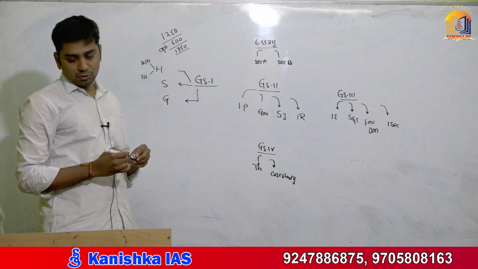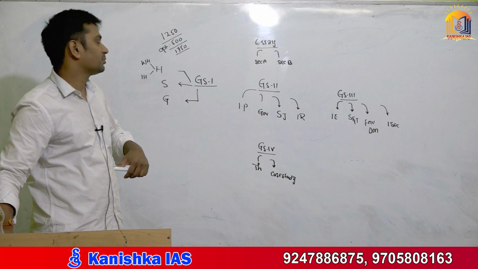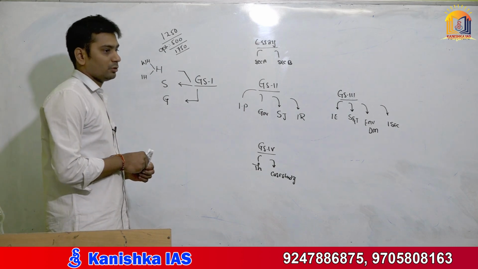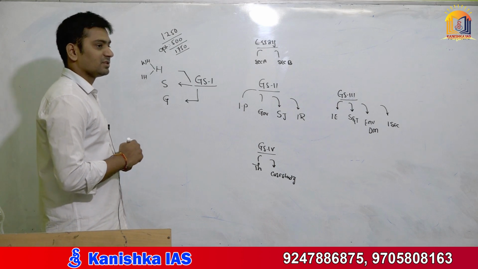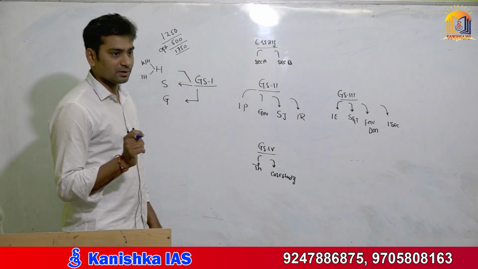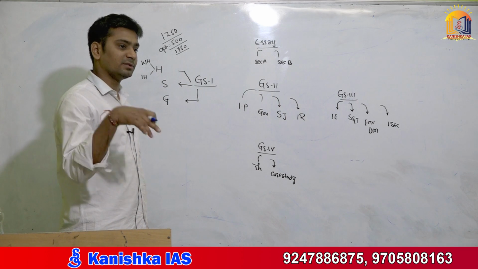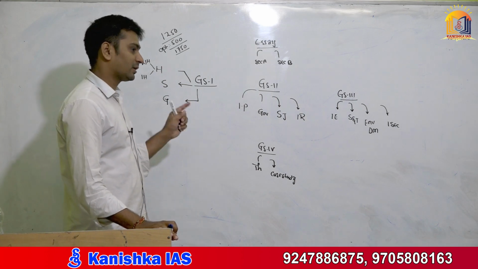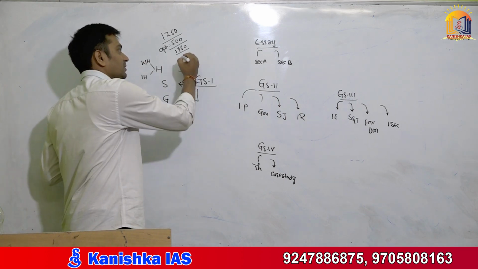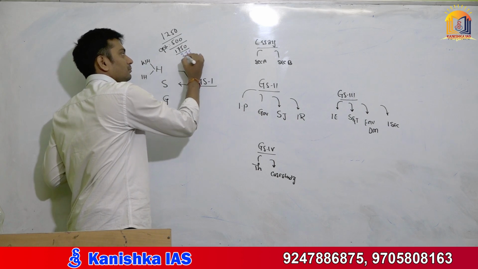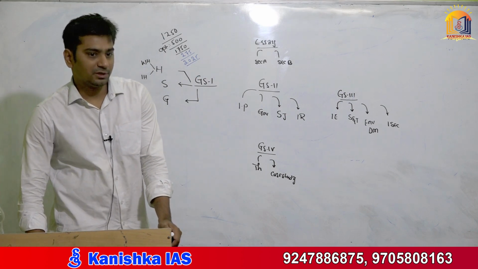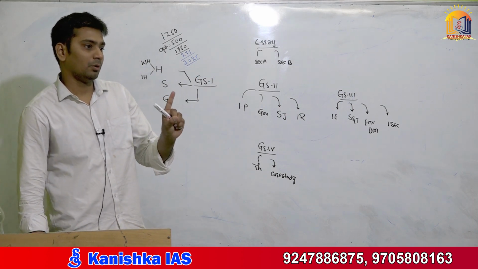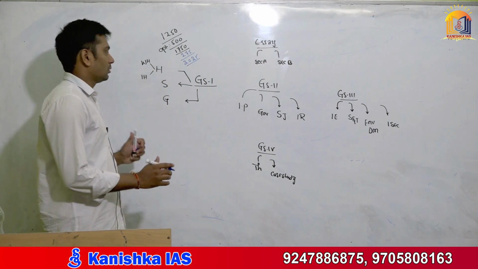For those new students who are thinking to take an optional, go ahead with PSIR. No need to have any doubt in that. Now, if you are getting 50% of the marks in the total exam, even after conducting the 275 personality test also, your rank will be All India rank 1.